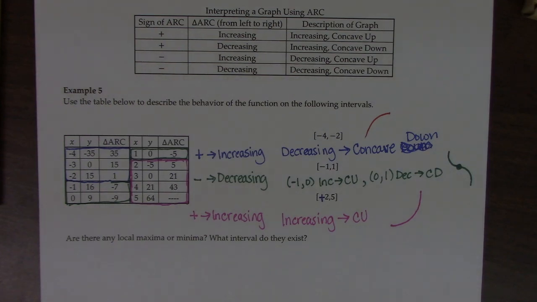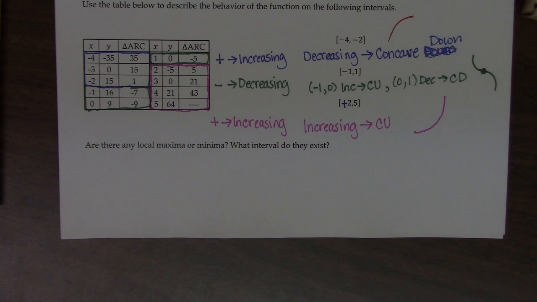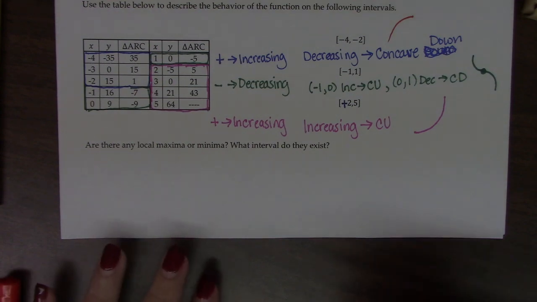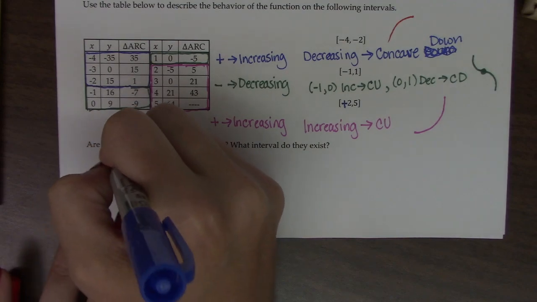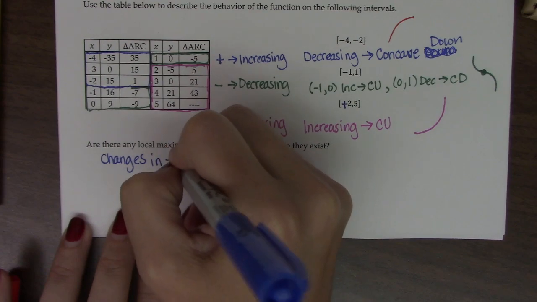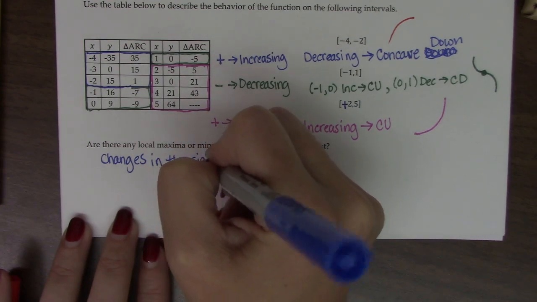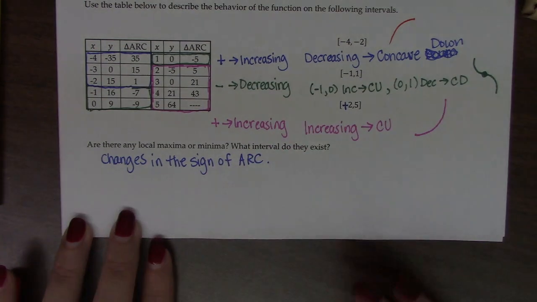So are there any maxima or minima, and if so, on what interval do they exist? We know that turning points are maxima and minima, and turning points occur when a graph goes from increasing to decreasing or decreasing to increasing. So we want to look for changes in the sign of the ARC.